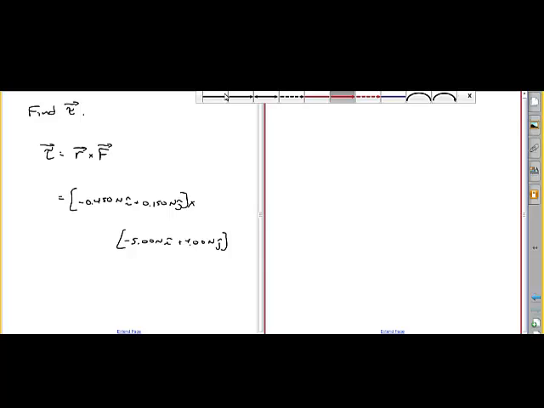Now when you do a cross product, the way it works is you set up a determinant. It's a 3 by 3 determinant. The top row are the i, j, and k unit vectors.